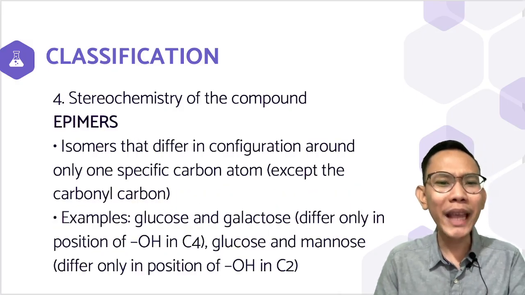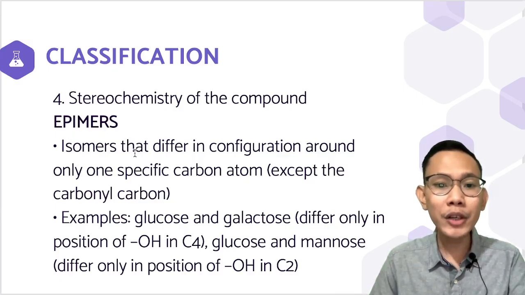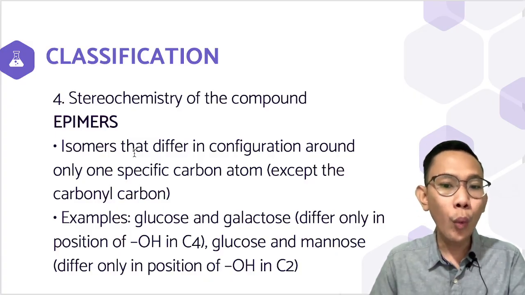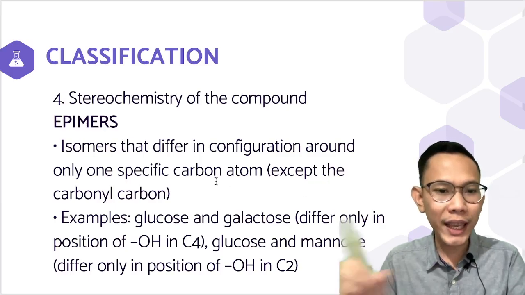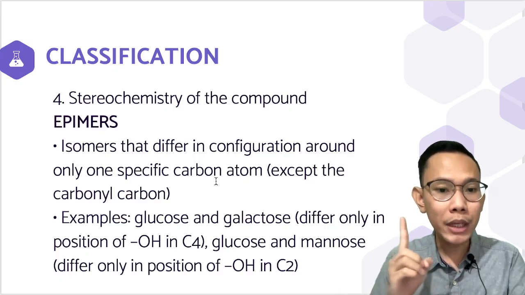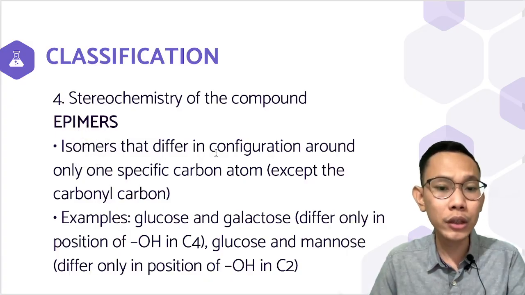Next, how about epimer? Pag sinabi nating epimer, these are isomers that differ in configuration around only one specific carbon atom except the carbonyl carbon. Again, so therefore we can say that all epimers are isomers. Kasi technically epimers are isomers that differ in configuration.